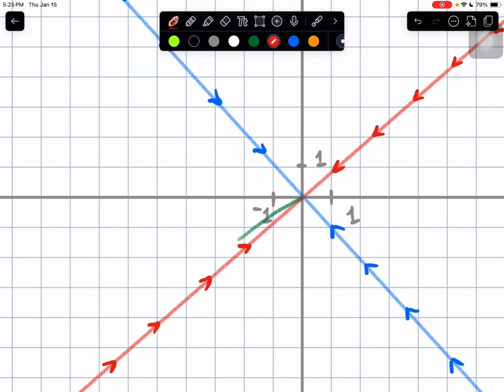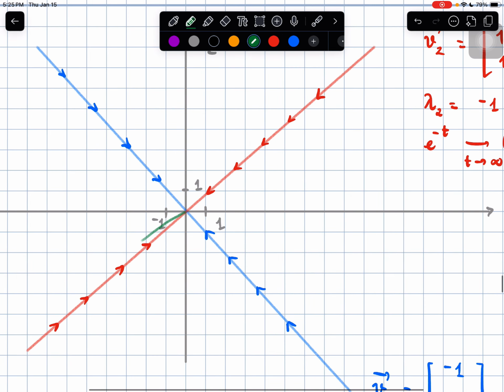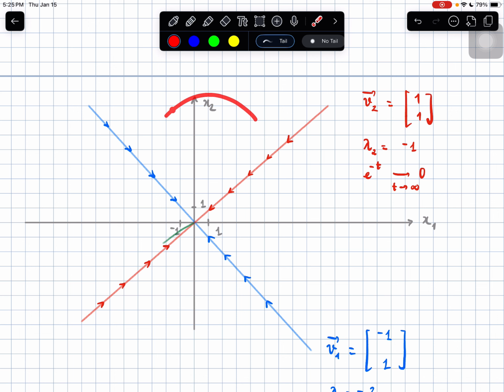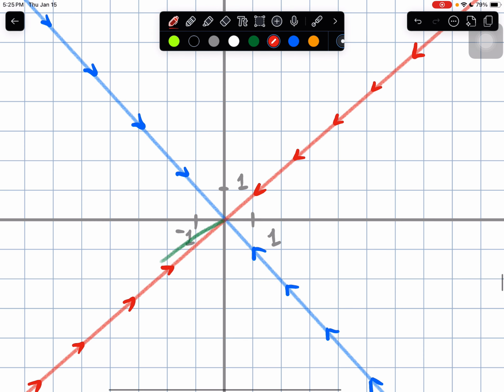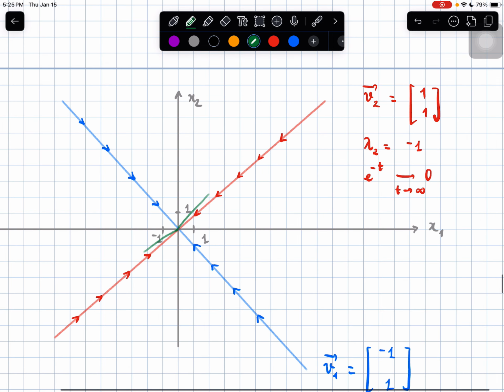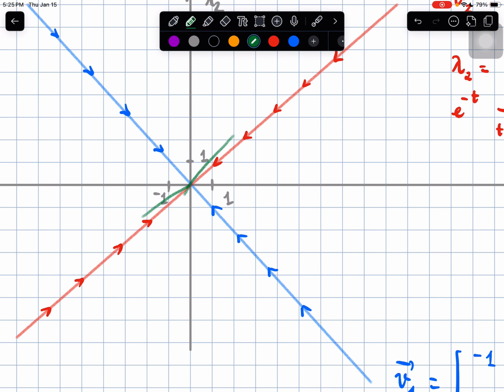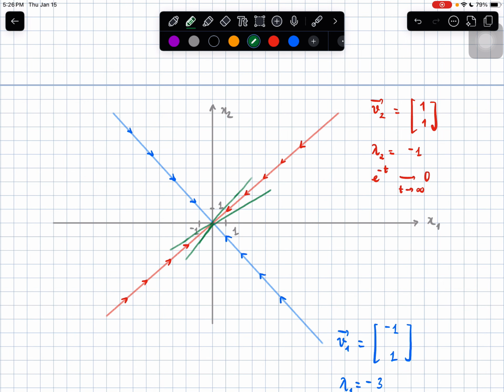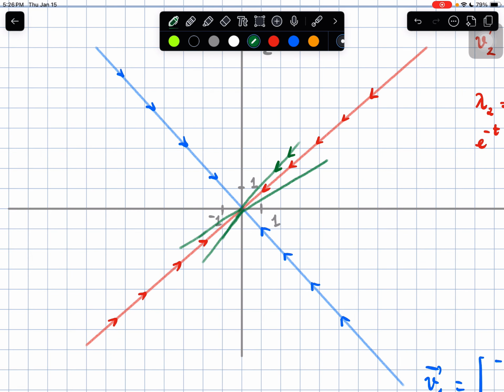Same in the other region: follow the direction of v2 when t is big. The curve will still go inward to the origin.